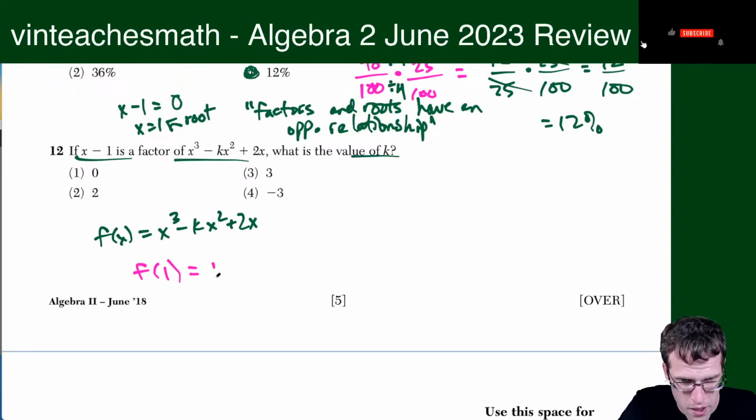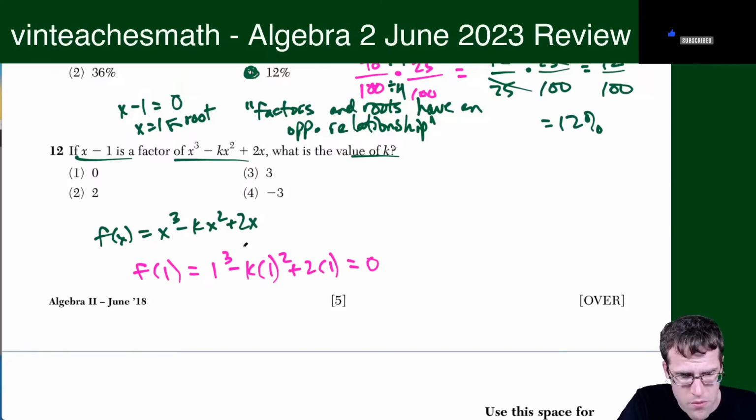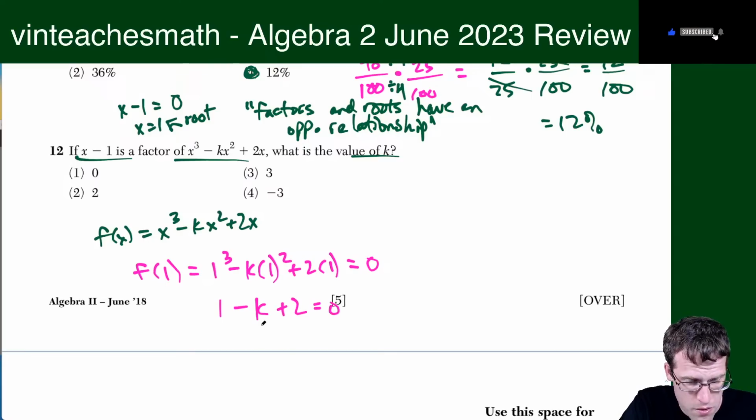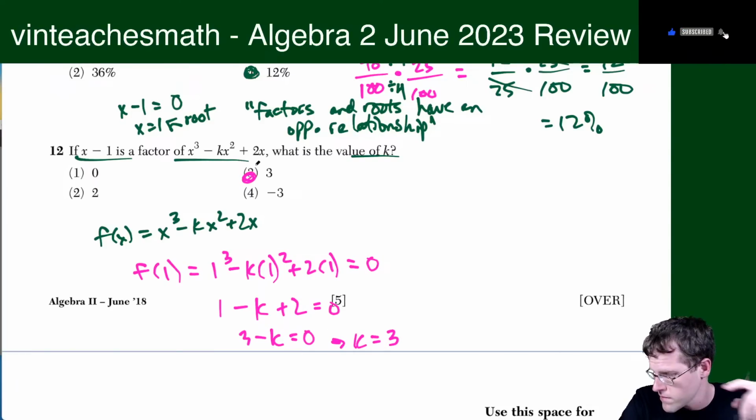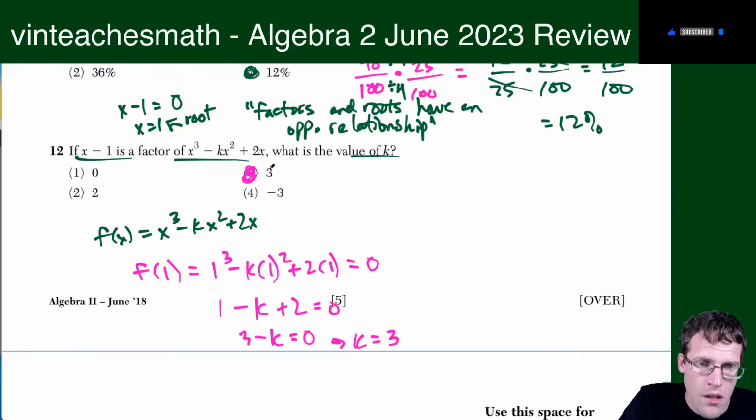If I plug in 1, I get 1 to the third minus k times 1 squared plus 2 times 1, and this has to be 0. So this gives me 1 minus k plus 2 equals 0, which gives me 3 minus k equals 0, and k would have to be 3. So choice 3. Cool.